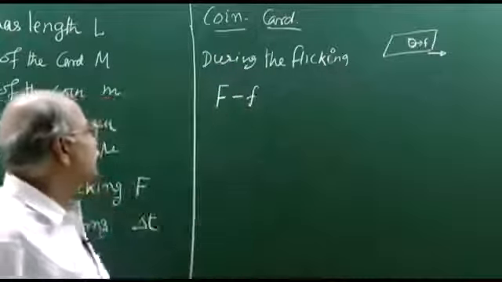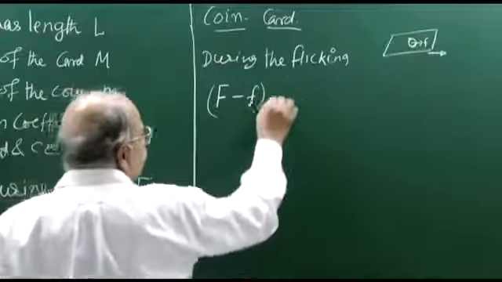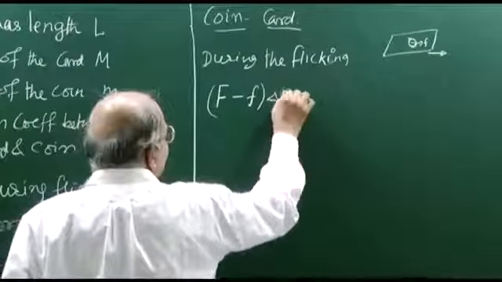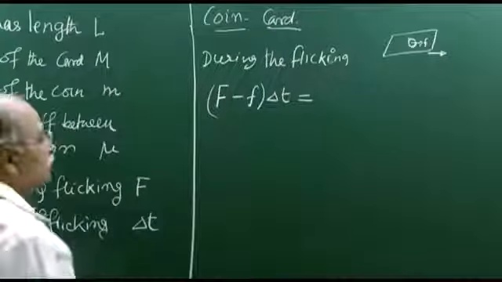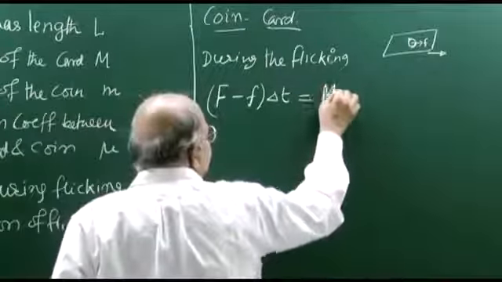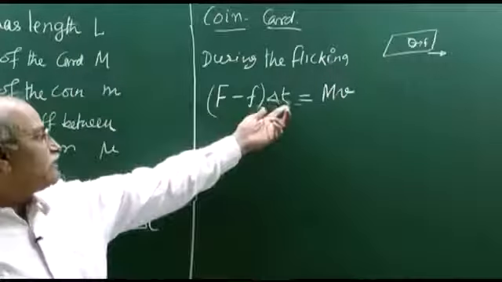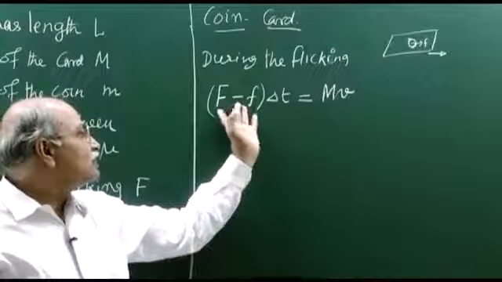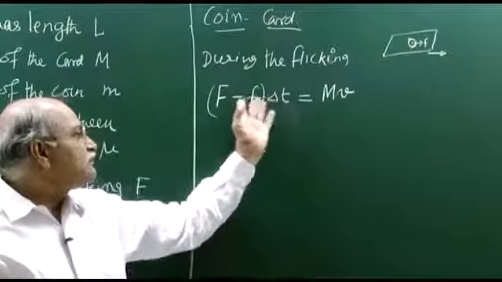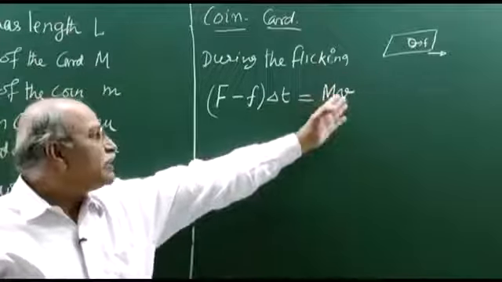If you multiply this by delta t, this is impulse, this is the change in the momentum. Originally it was at rest. In this time delta t, it gains some velocity v, and this force times this time interval should be the change in momentum, which is M into v.